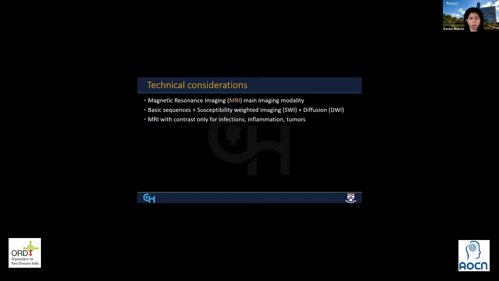For most of the conditions, we may not need contrast. It's only for some infections, inflammation, and neoplastic conditions that we need to give gadolinium injection for evaluation. CT scan still continues to be done. We do it without contrast for some cases where it can be very beautifully assessed.